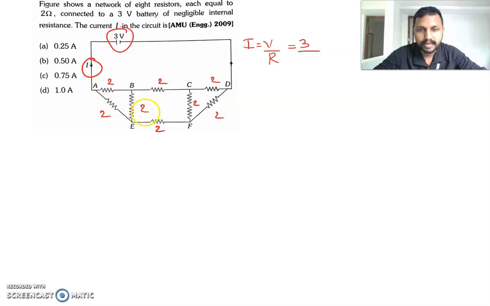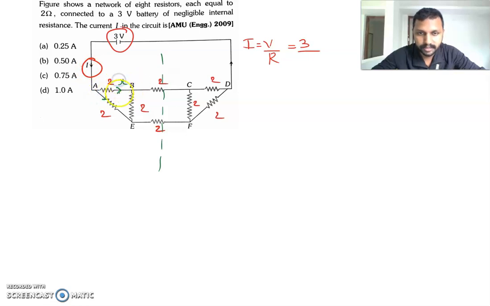If you analyze the circuit, we can see this resistor combination has a bilateral symmetry. That is, if I draw a line through it, the two sides are mirror images. That means if the current I is coming, it will branch into two.